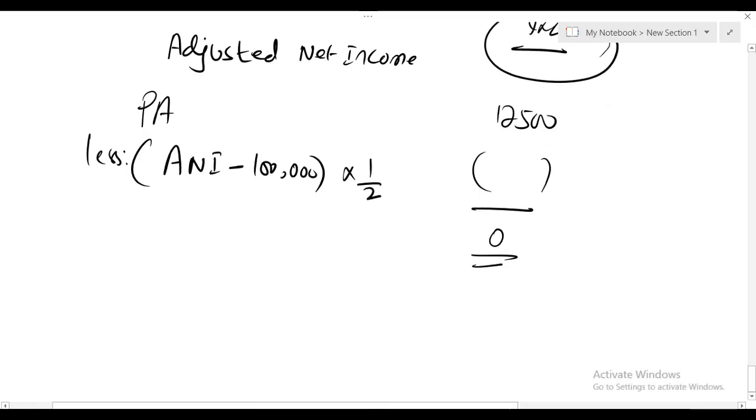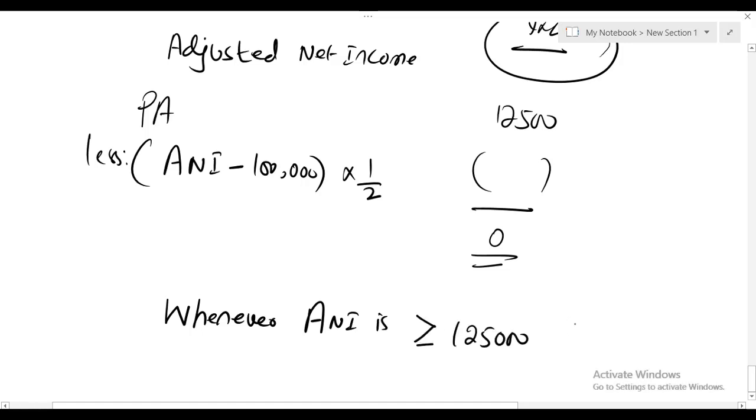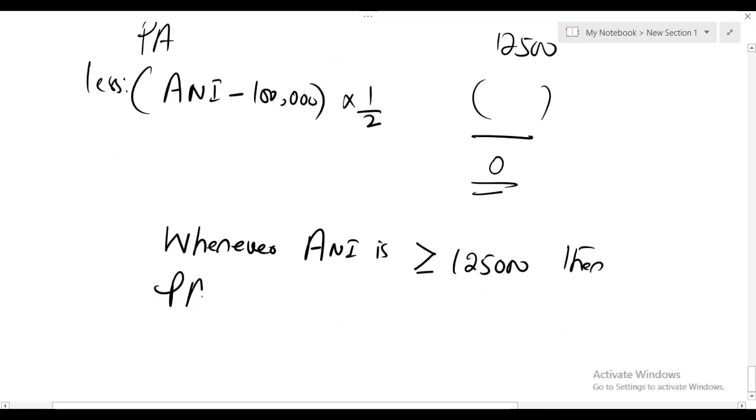It means one more thing. What is that? Whenever adjusted net income is greater than or equal to 1,25,000, then personal allowance will be 0.